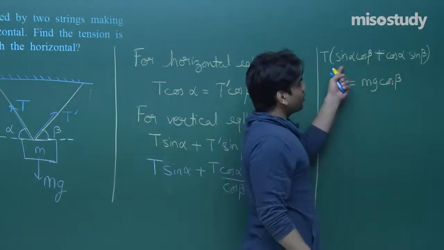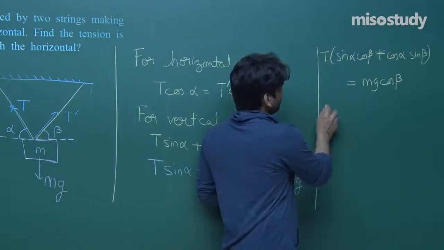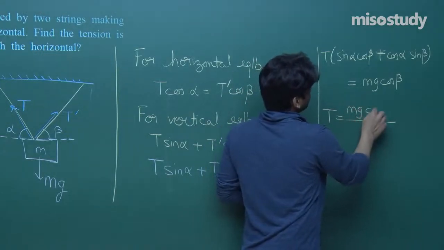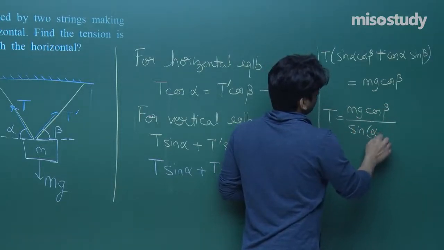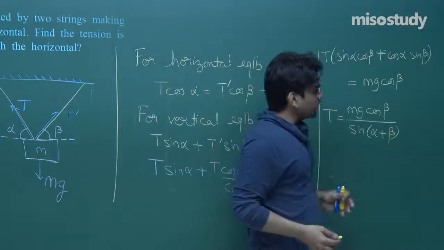Sin alpha cos beta plus cos alpha sin beta is equal to sin of alpha plus beta. So T turns out to be mg cos beta upon sin of alpha plus beta.